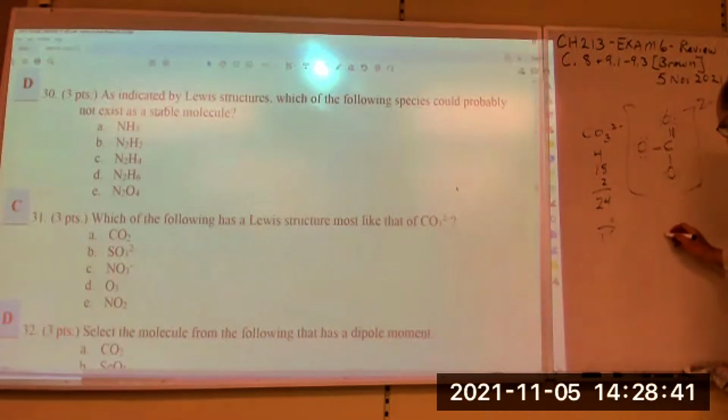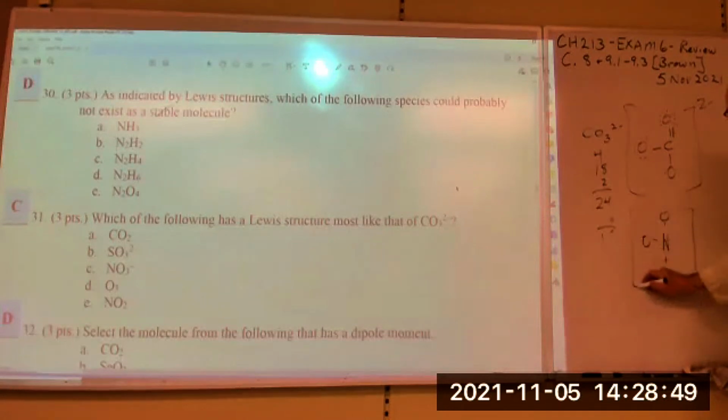NO3, and it's a single minus. So nitrogen is 5 and plus 18, 6. Plus 18 is 24.